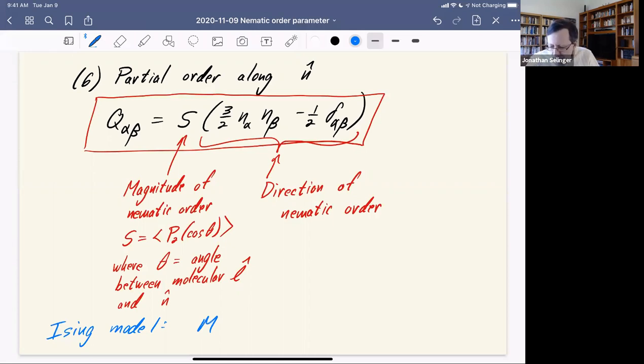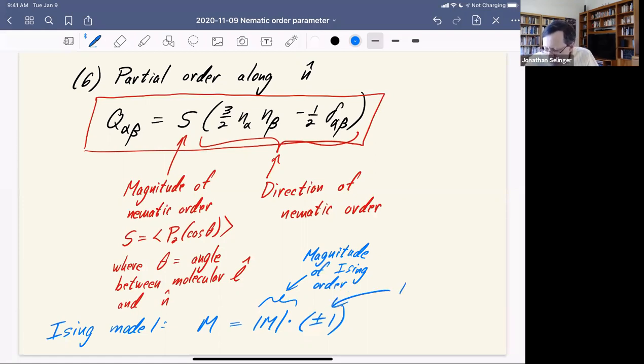We could, if we wanted, separate this into an absolute magnitude of m times a sign, which is ±1. In this case, this absolute magnitude is the magnitude of Ising order, and the ±1 is information about the direction of Ising order.